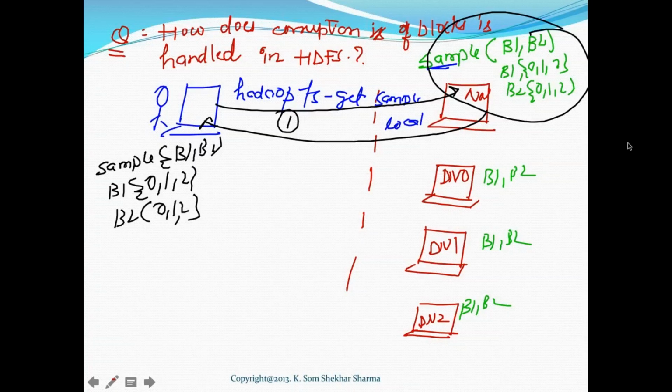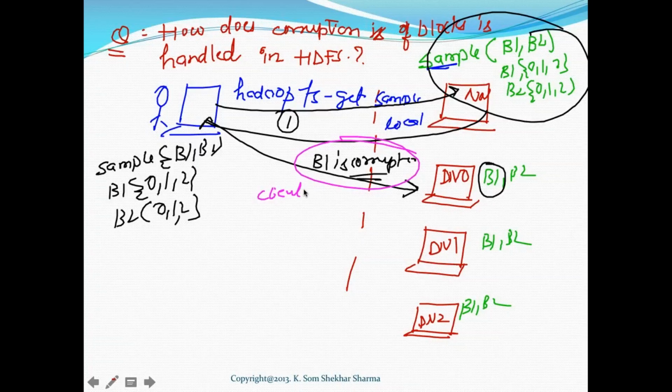Now when he's reading B1, B1 gets corrupted, because let's say the checksum does not match. So what will the client do? As soon as B1 is corrupted, the client will inform the name node that B1 on machine D0 is corrupted.